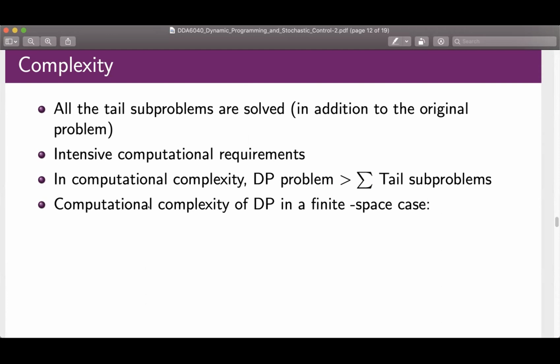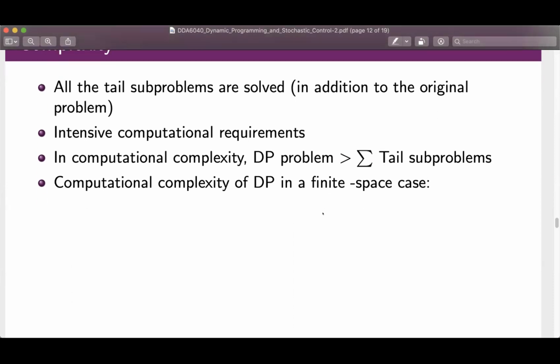In terms of computational complexity for finite space problems, if you use brute force to solve it, in general you will need the number of control actions to the power of the total time steps, times the number of elements in the state space.